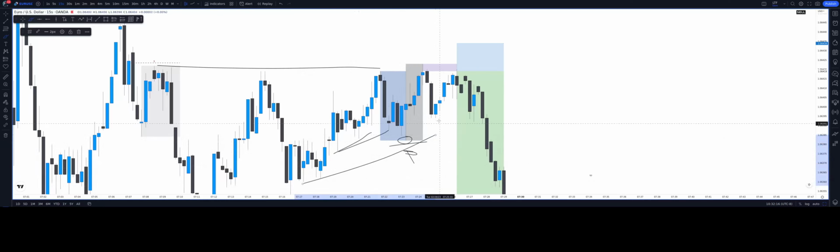Why do they want to do that? Because they want to take liquidity on either side to fuel all the movement they need. We'll take liquidity here, we'll take liquidity here, thank you very much. And what that's done is it's added more liquidity down here immediately. So the whole thing is a liquidity stacking event when they do it.